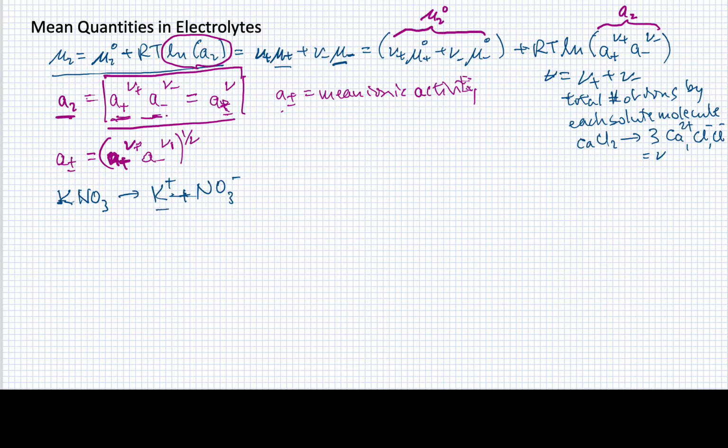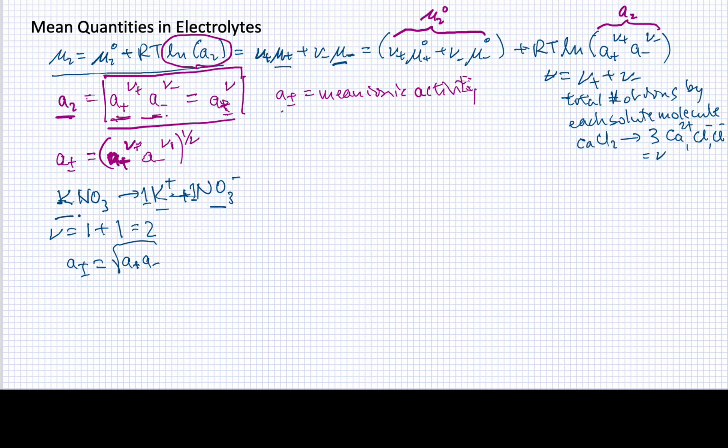Alright, so 1 positive, 1 negative. So our V in this case is going to be equal to 1 plus 1, because I have implicitly a coefficient of 1 there and a coefficient of 1 there, or 2. So my mean ionic activity is simply going to be A plus or minus is equal to the square root of A plus times A minus. So this is perhaps the simplest case.